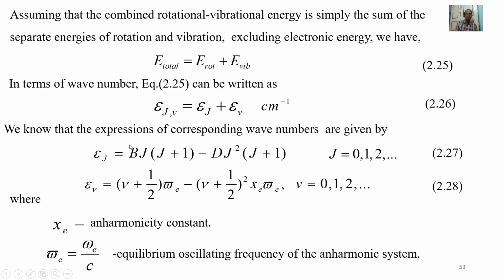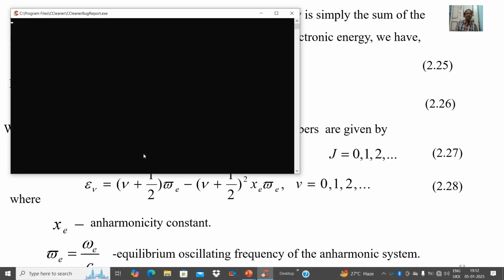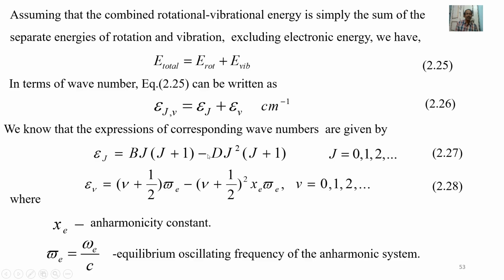So we know that the expressions of the corresponding wave numbers are given by the following. This is the wave number for the rotational energy, which is equal to B J (J+1) minus D J squared (J+1) whole squared. J is the quantum number, which has the value 0, 1, 2, and so on.